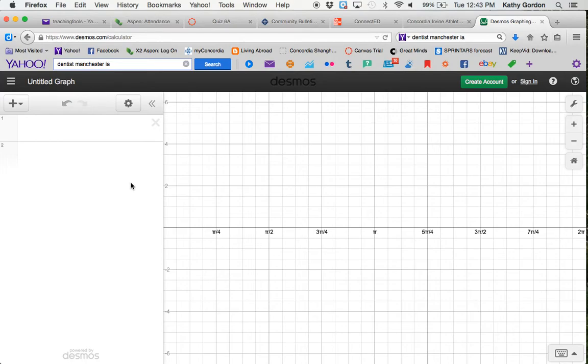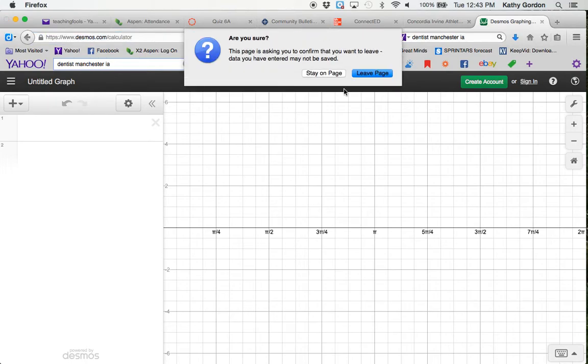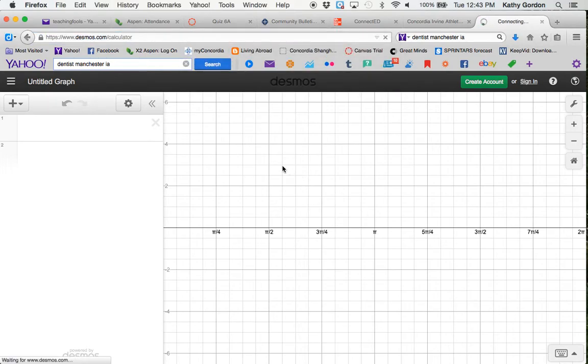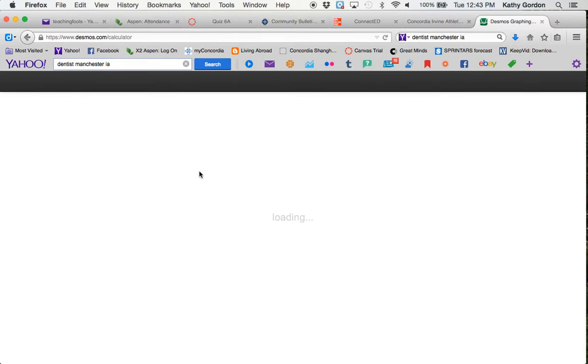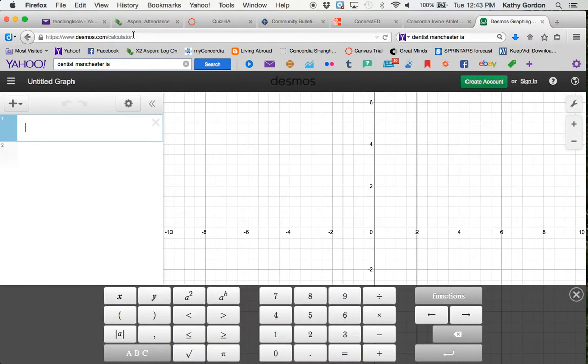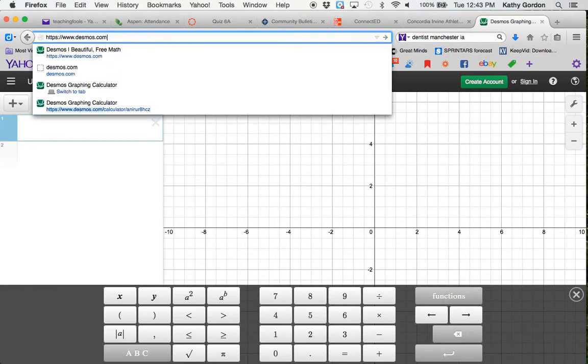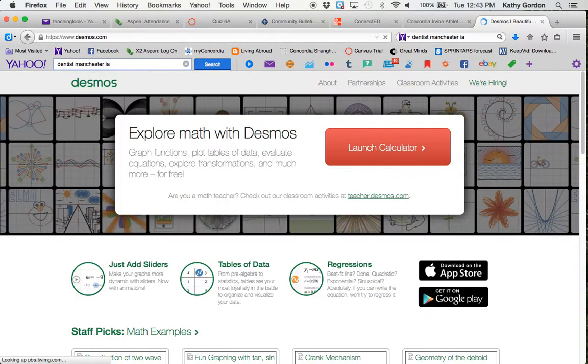If you go to Desmos, you can set it up to give you your axes labeled the way you want. So the way you can do that, let me just start over here. If you just type in desmos.com, you're going to get a page that looks like this.